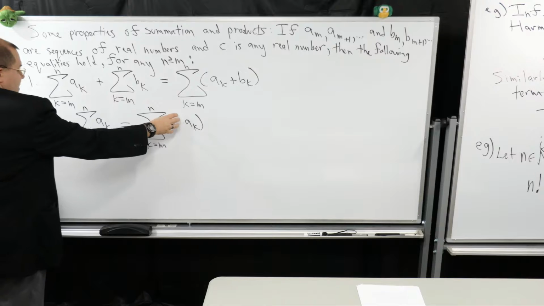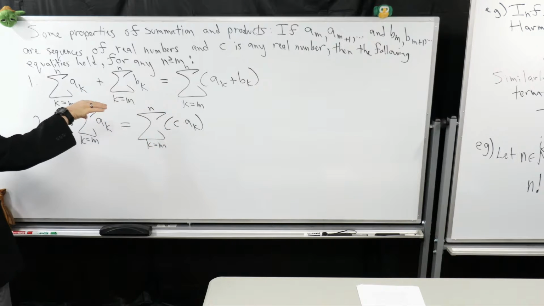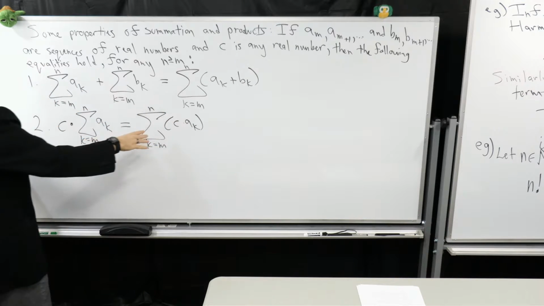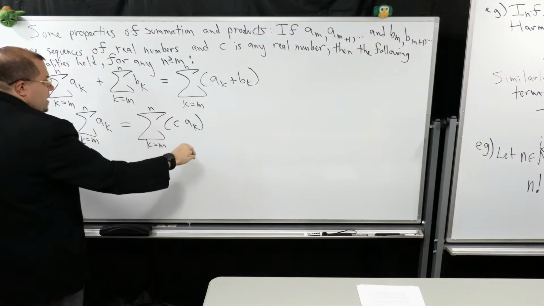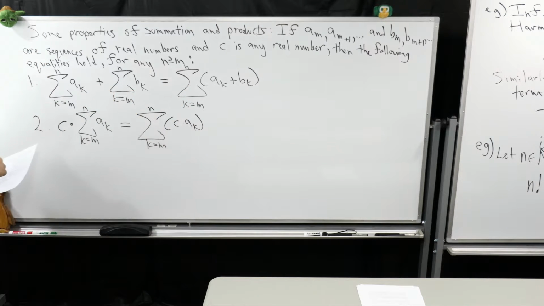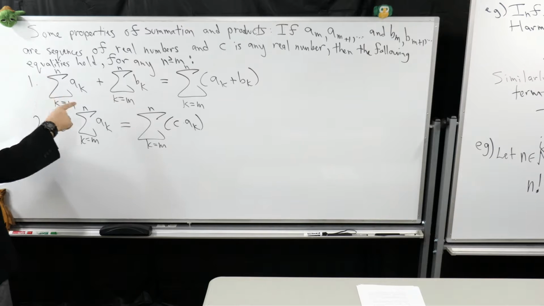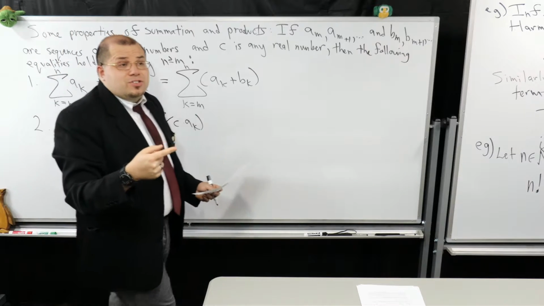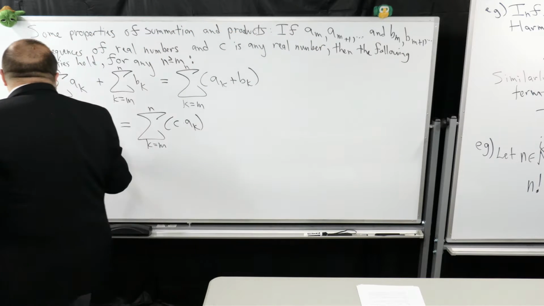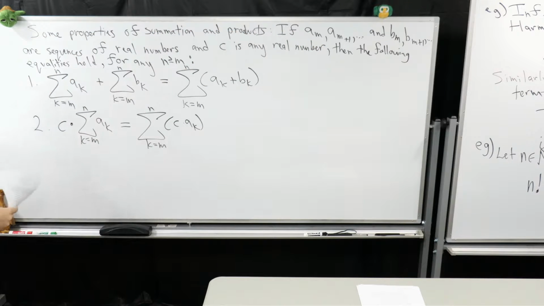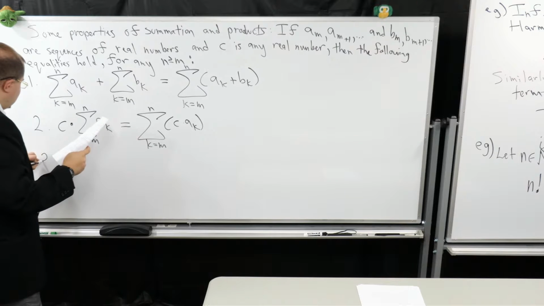So what happens is you can look at it as each term. So if you're not really convinced by this, write this out: you can have a sub m plus 1, a sub m plus 2, and so on. And you'll notice each one's multiplied by c. So you can actually factor out the c from all of these terms, and you get what's here on the left-hand side. So isn't that handy?